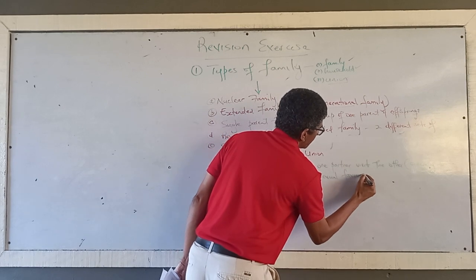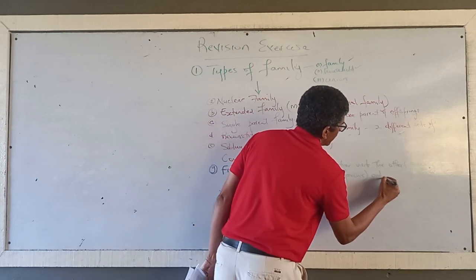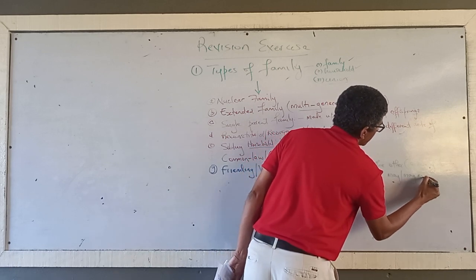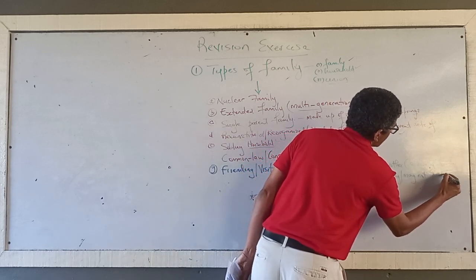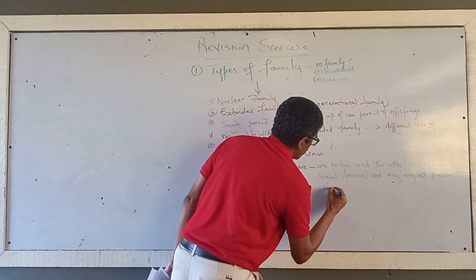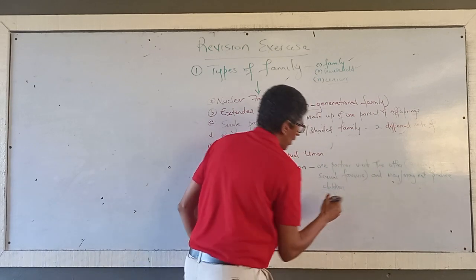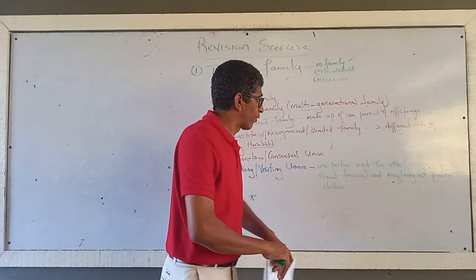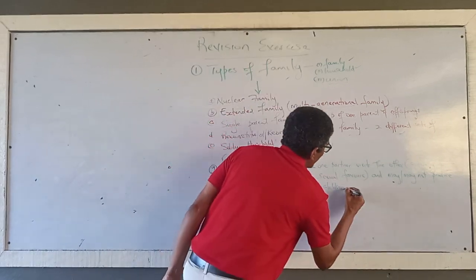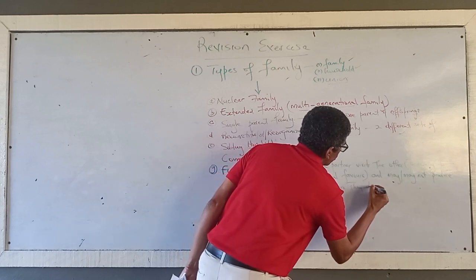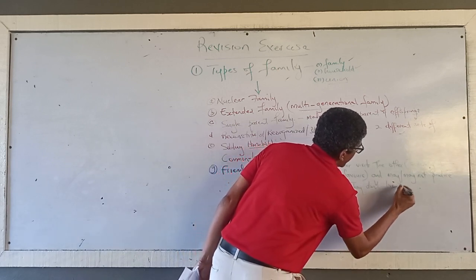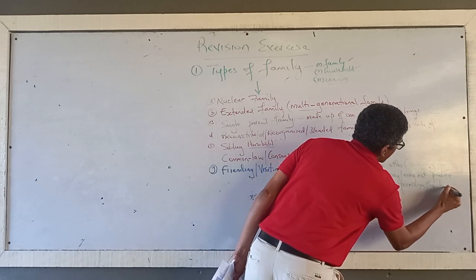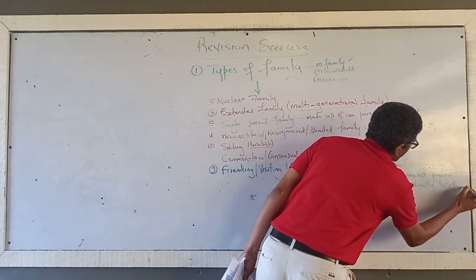and may produce children. Alright? So they don't live together. They don't live permanently together.